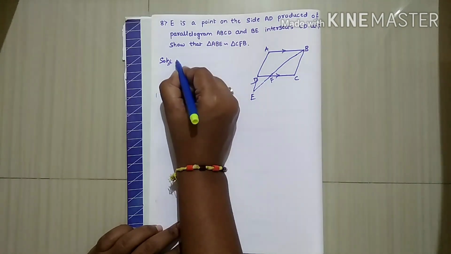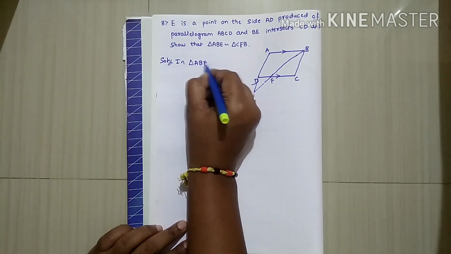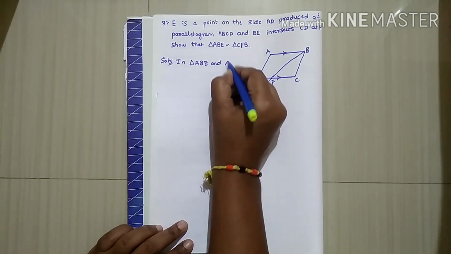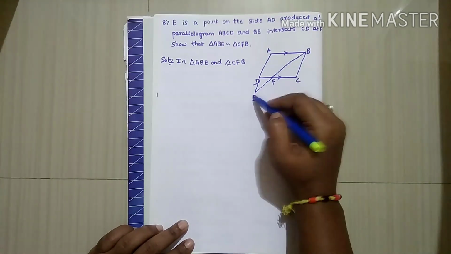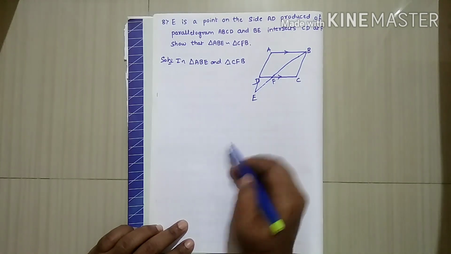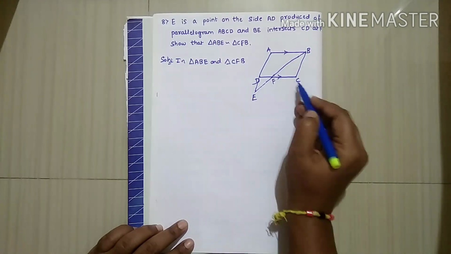Solution: in triangle ABE and triangle CFB, I already told you the property of parallelogram. In a parallelogram, opposite angles will be equal. Here, angle A and angle C are equal.